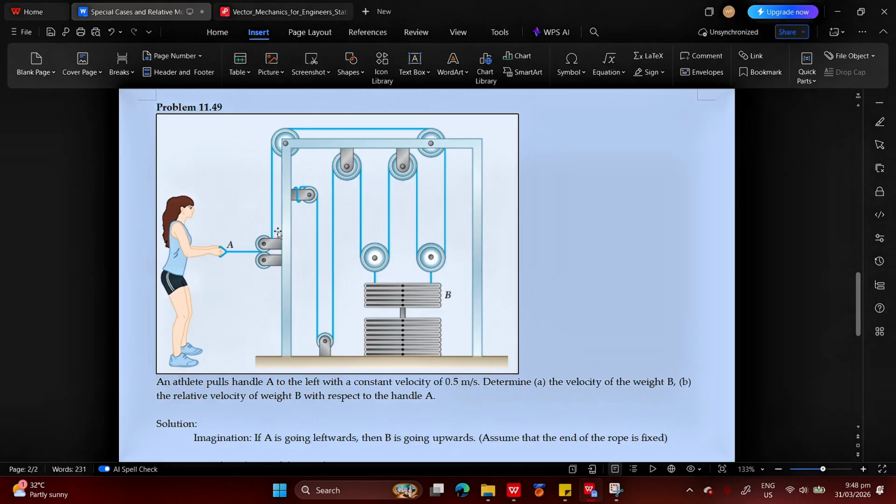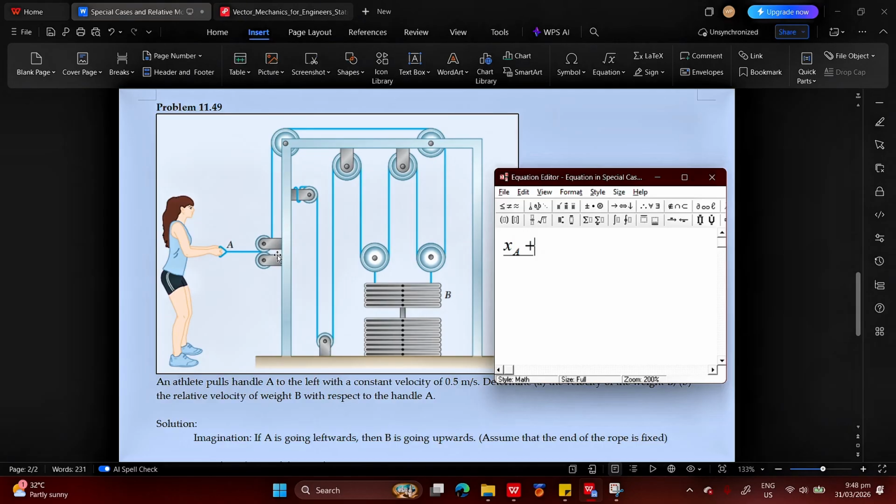So X sub A plus X sub B. Because I neglected the constant lengths outside the box, I immediately jumped up to X sub B, because the rope at this point is changing because of B. That's why I put X sub B.